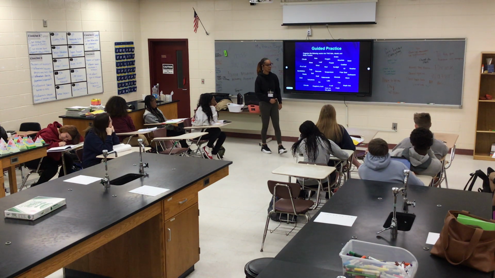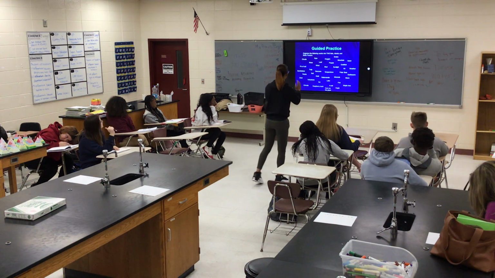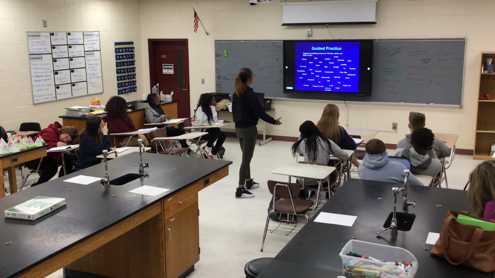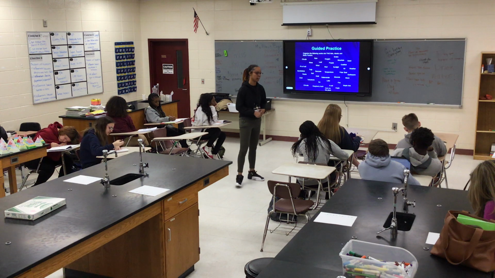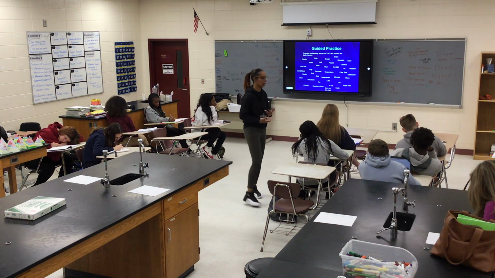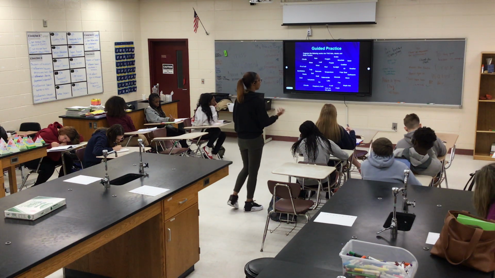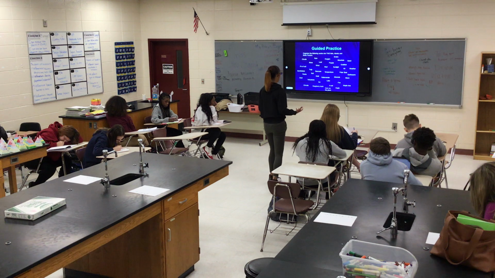So quickly, it's right where you took your bell ringer, all right, I want you to look at this list of different parts of an environment. So you have some abiotic factors and you have some biotic factors. Given what we know about biotic and abiotic, all right, what does abiotic mean? The non-living parts of an environment, okay, or an ecosystem, or biome, okay?